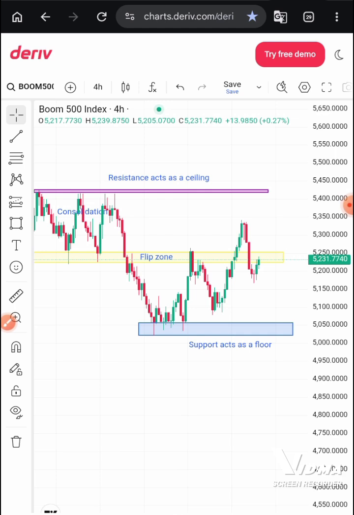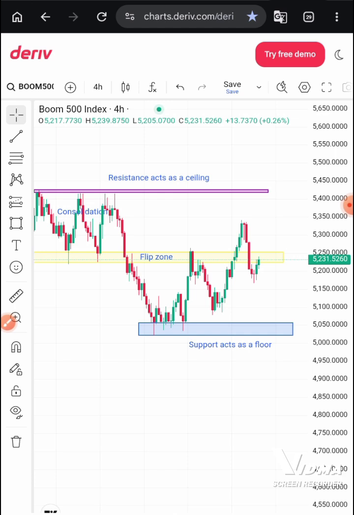So you need to wait, because in this flip zone area, if you want to see what's happening and you want to find an entry, you then go down into a lower time frame, right? But already here we have what we call a trend line, okay, a trend line acts more as a support, right?